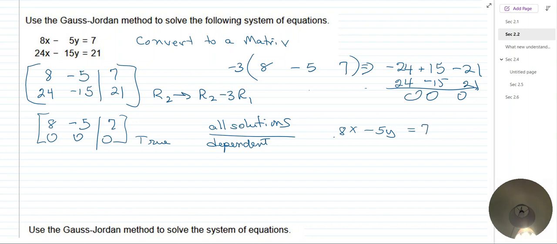We're gonna solve for x. 8x equals 5y plus 7. I'm going to divide by 8 so that x is defined as 5/8 y plus 7/8. So whatever we decide y to be, x will be that value. And for all solutions. Is everybody comfortable with that? All right.